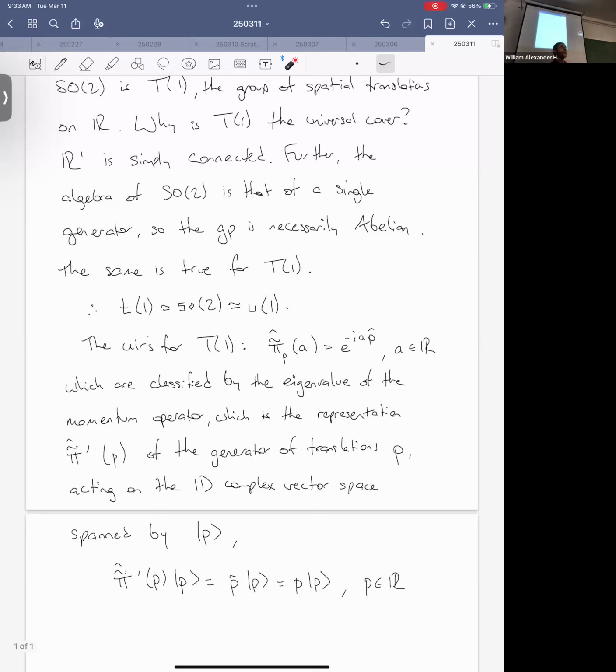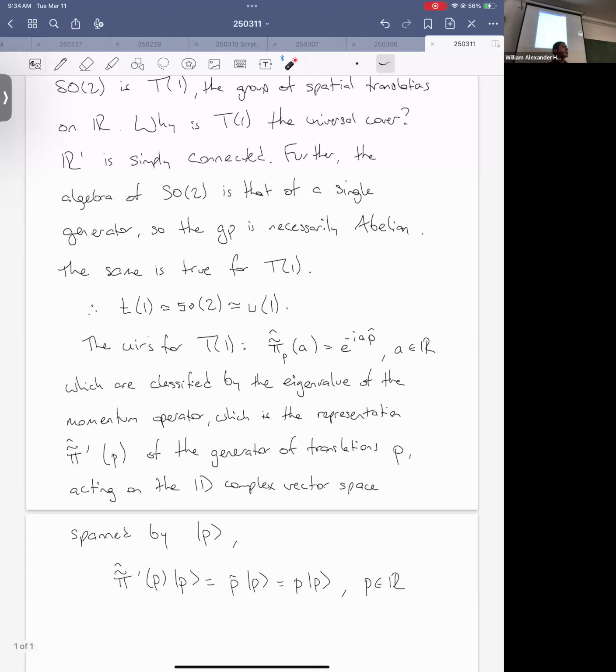So we know that the representations are going to be unitary. And we know that we can expand that unitary operator around the identity. So it'll be 1 minus I, A, some operator, and I'll call that operator P hat, plus order of A squared.